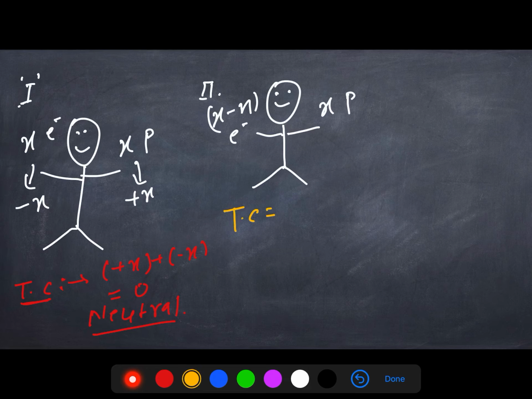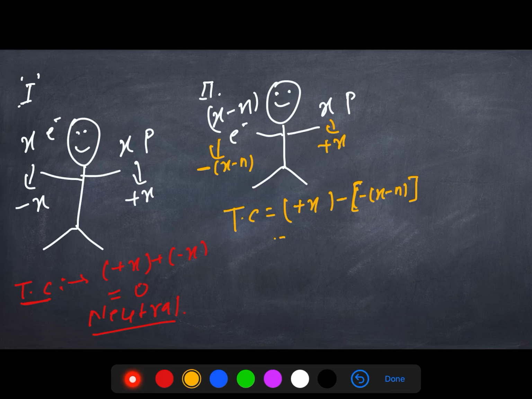Of course, n will be an integer, right? So, if you have to calculate the total charge over here, because of x protons, you will have plus x charge. Because of x minus n electrons, you will have minus of x minus n charges. Right? Now, total charge will be plus x minus of x minus n.